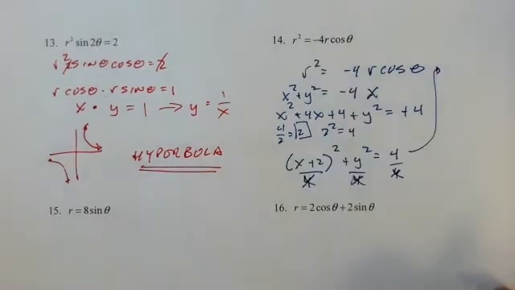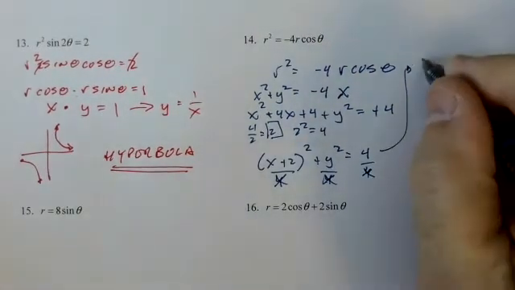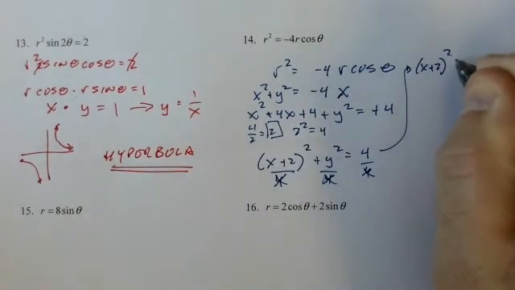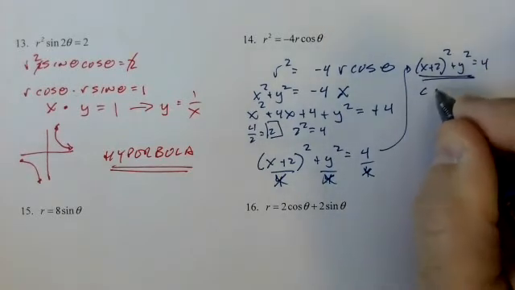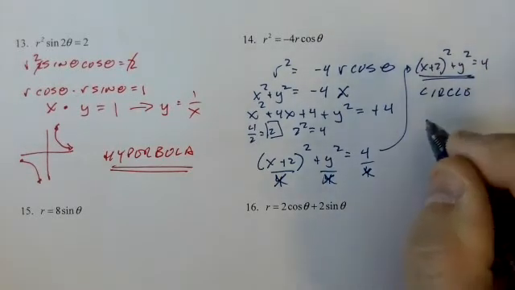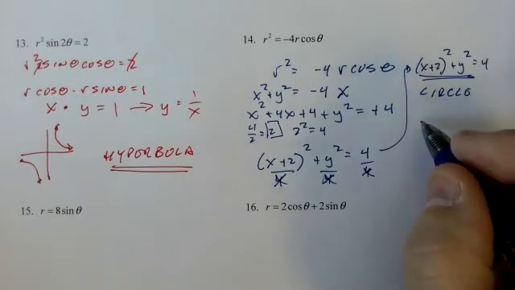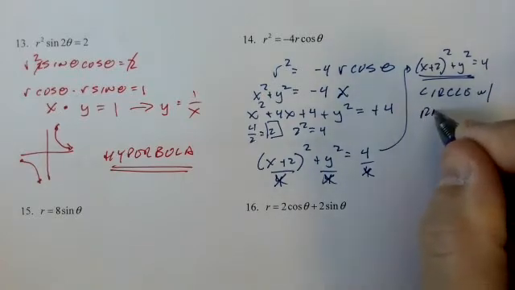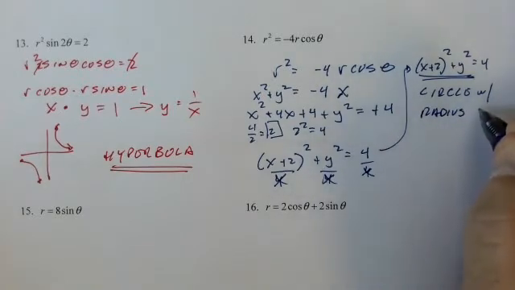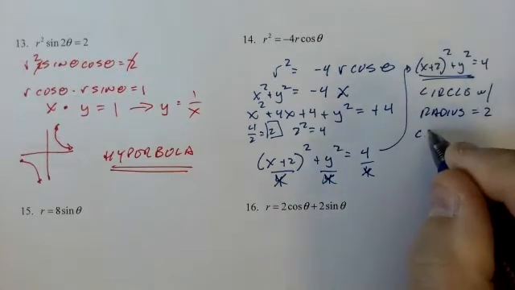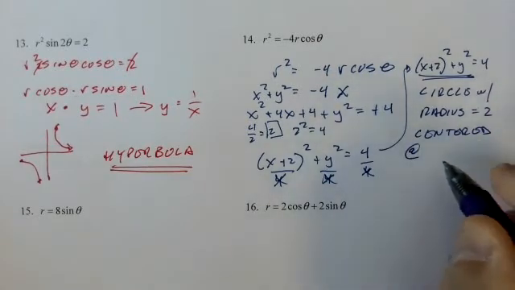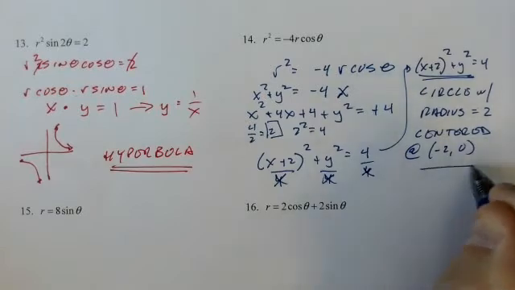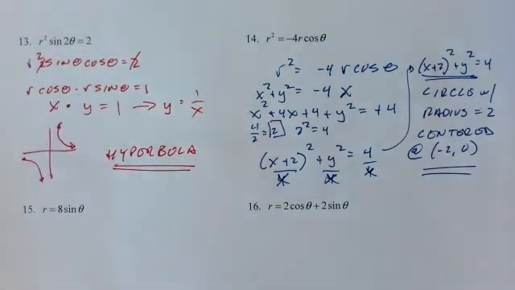Circle with radius of 2 centered at -2, 0.